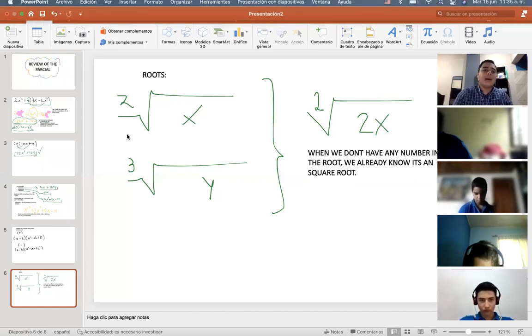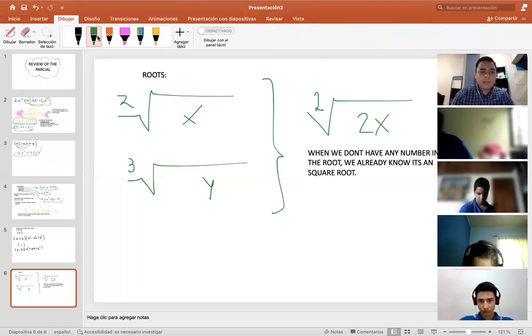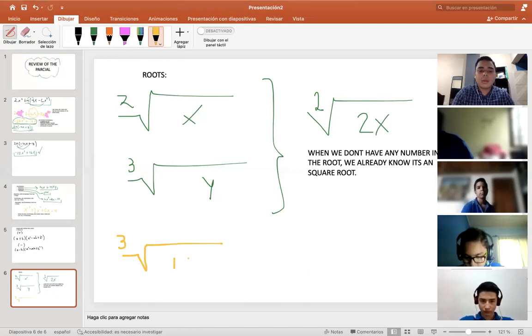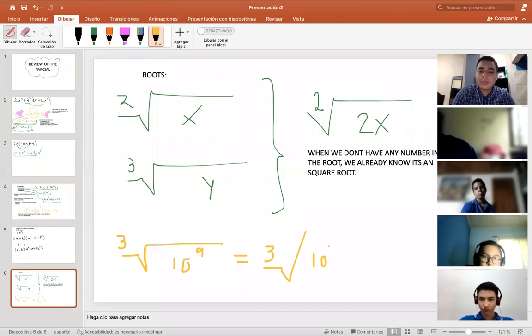What happened, guys, if in the exam I tell you the cubic root of 10 elevated at 9 is the same as if we have 10 cubed, 10 elevated at 3, 10 elevated at 3.